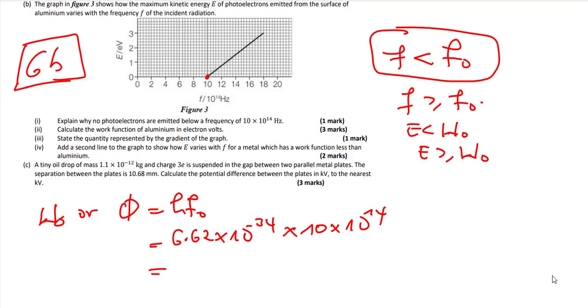So we have 6.62 times 10 raised to the negative 34, multiplied by 10 times 10 raised to the 14. So this gives us 6.62 times 10 to the negative 19 joules.